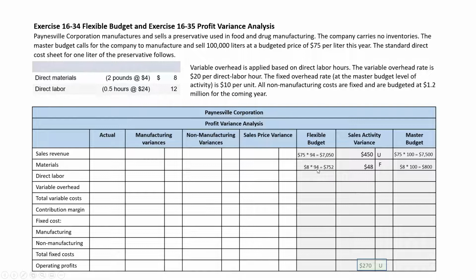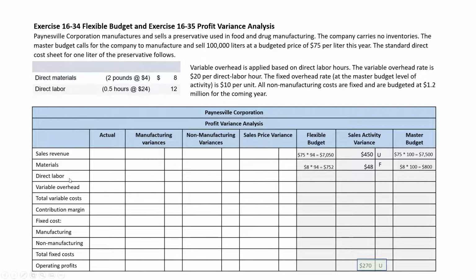If my actual activity here, 94,000, is less than my plan, my cost should be less, correct? And if my costs are less, that's actually a good thing. So the rules flip around. Here, if it happens to be negative, it's favorable when we talk about cost. If it's a positive difference, flexible minus master budget, it's actually unfavorable, a bad thing. So just keep those rules in mind. Now, to keep the video as brief as possible, and also not to give away all the answers.